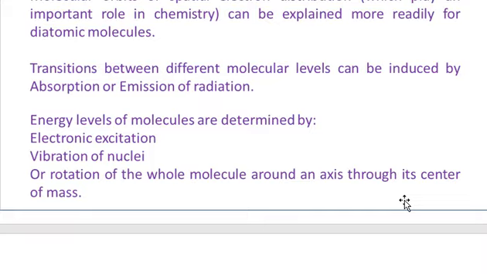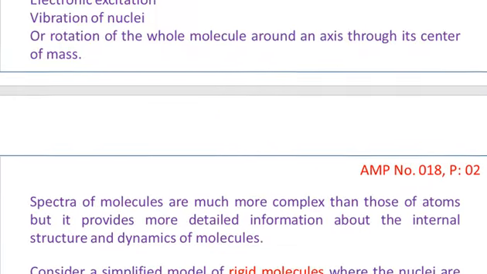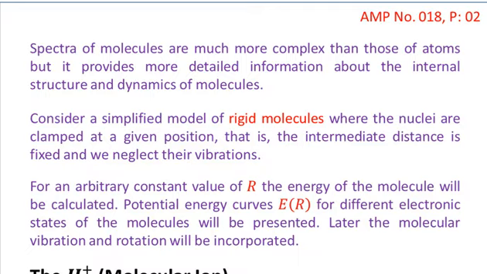So there will be three levels in a molecule: electronic levels, vibrational levels, and rotational levels. Out of these, the electronic excitation or the electronic levels are the main levels that we shall be concerned about in the molecular spectra.